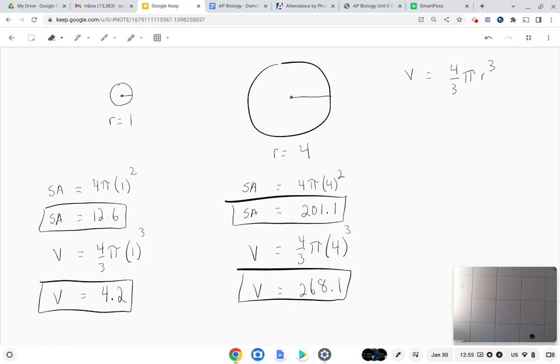So 4 cubes. And then I'll take that times. Why is yours different than mine?